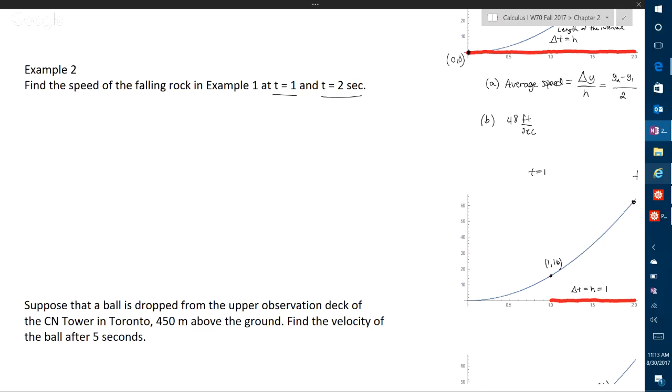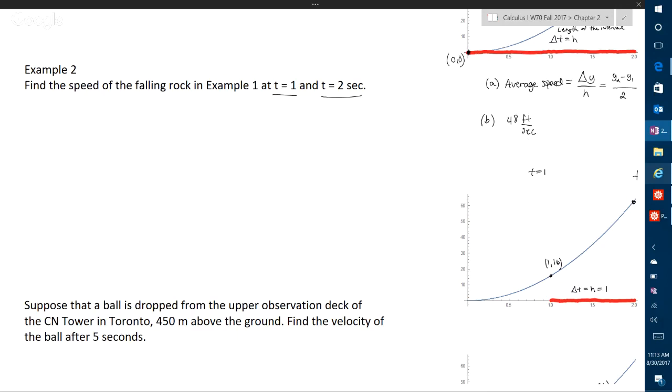So you started with 2.1 squared, and then you multiply by 16.